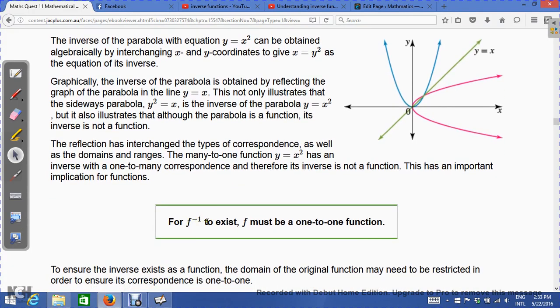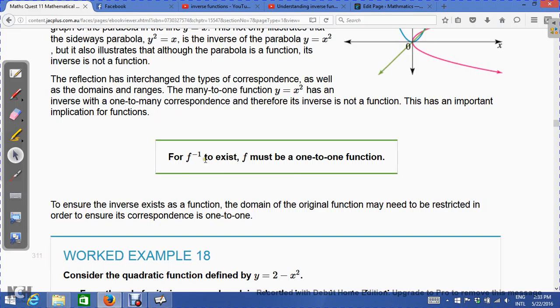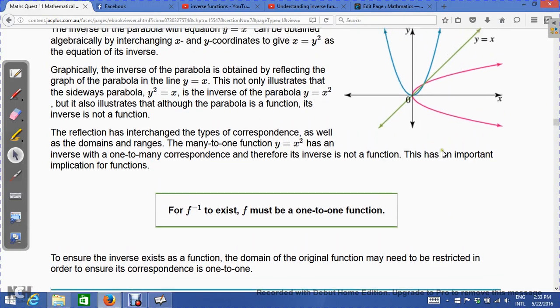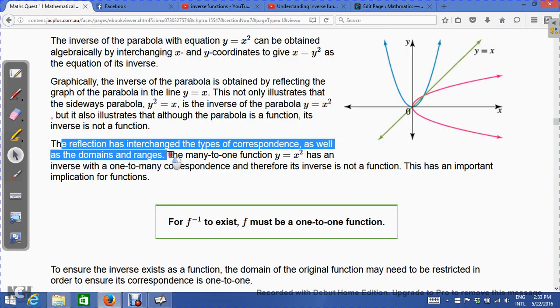Alright, so for the inverse to exist, f must be a one-to-one function. Okay, so the reflection has interchanged the types of correspondence as well as the domains and ranges.